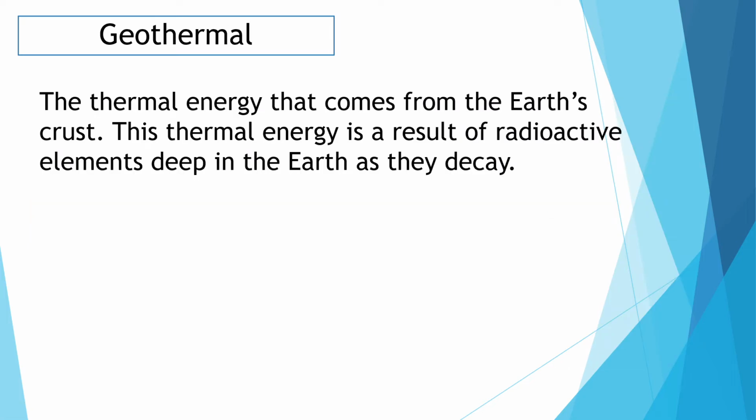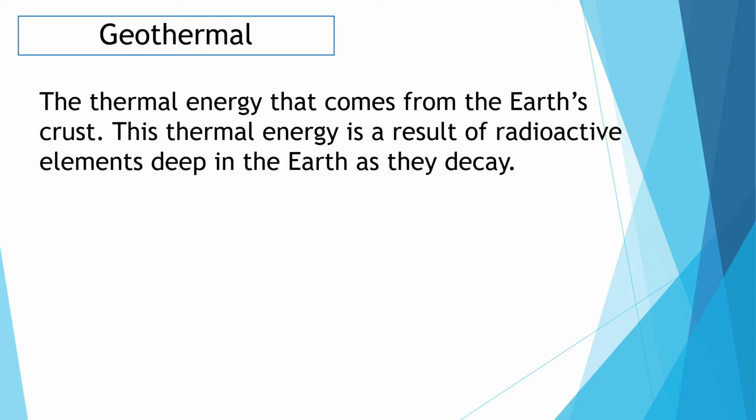Next is geothermal. Geothermal is the thermal energy that comes from the Earth's crust. If you take geography, inside the Earth you have the Earth core, which is very warm, and then you have several layers. Geothermal energy uses the heat from inside the Earth.